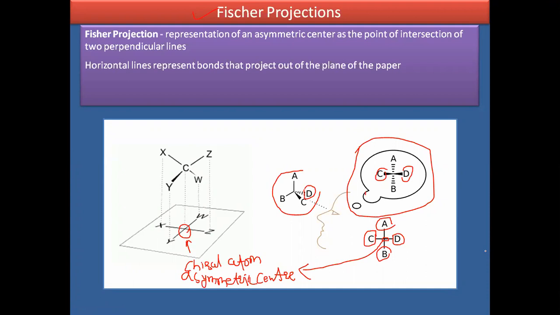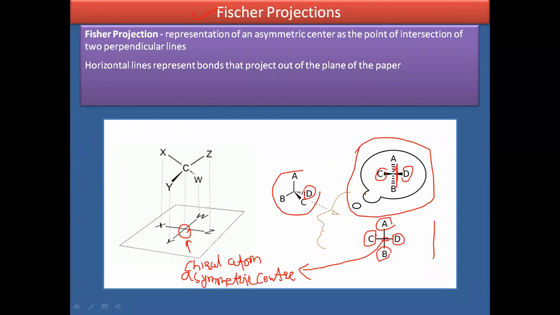Here, in Fischer projections, the horizontal lines, this type of line, indicate bonds that project out of the plane of the paper.